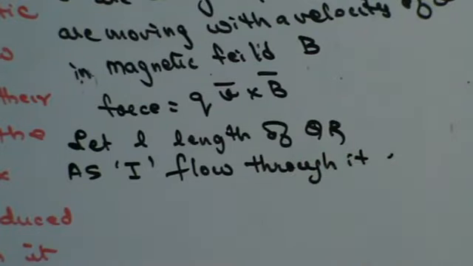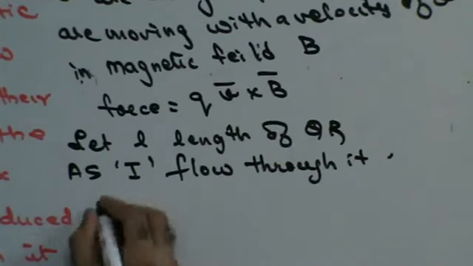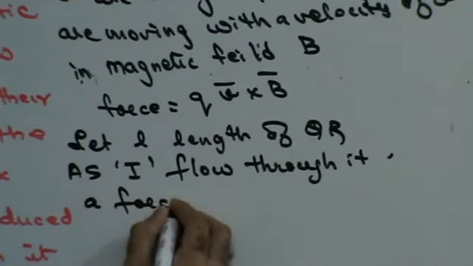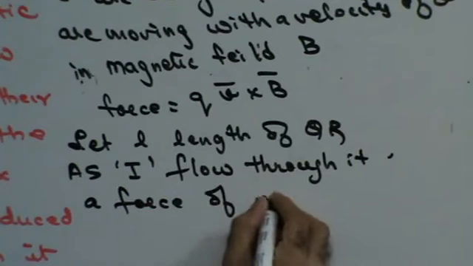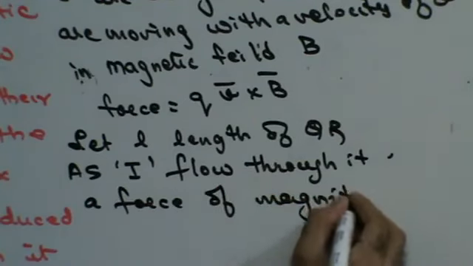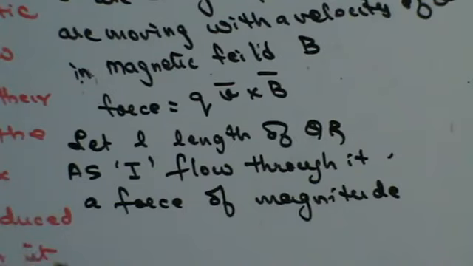As current flows through the wire, a force of magnitude BIL acts on the wire.